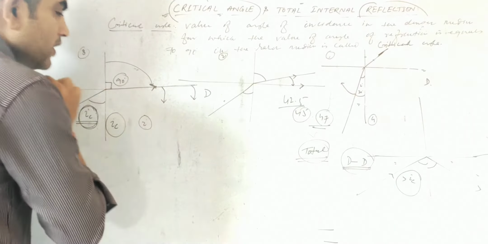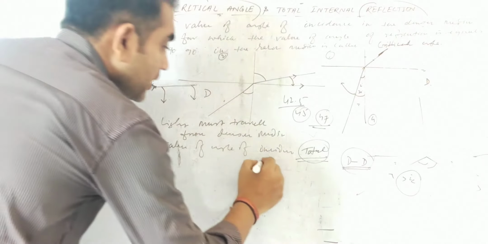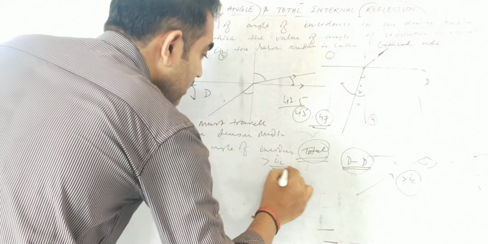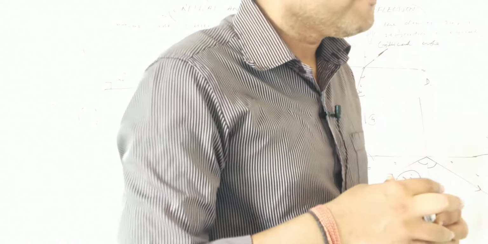And the second condition, the most important condition: the value of the angle of incidence must be greater than the critical angle. So that was the critical angle and total internal reflection.